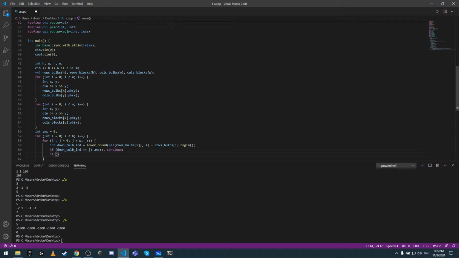Now if we didn't find it, which means that we didn't find, we are looking for J, for Christ's sake, so it will definitely be on the bigger one.